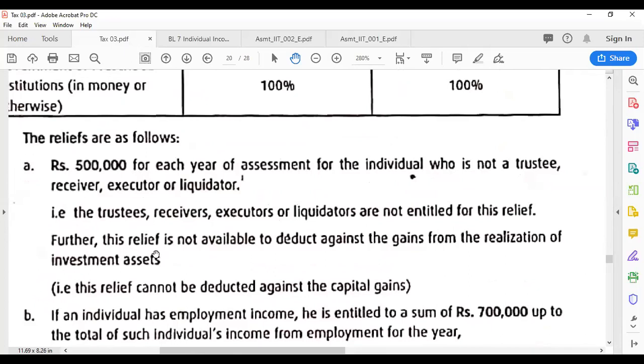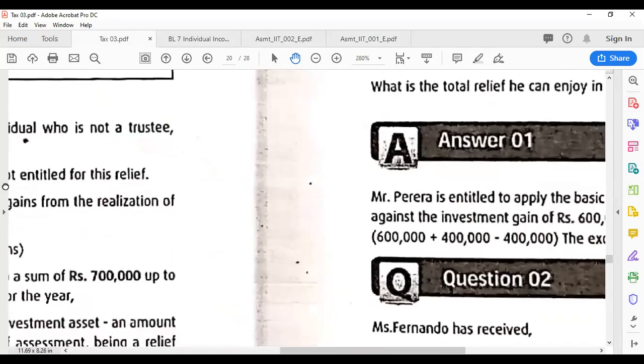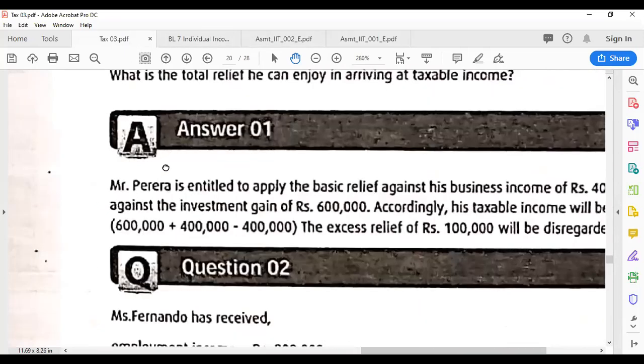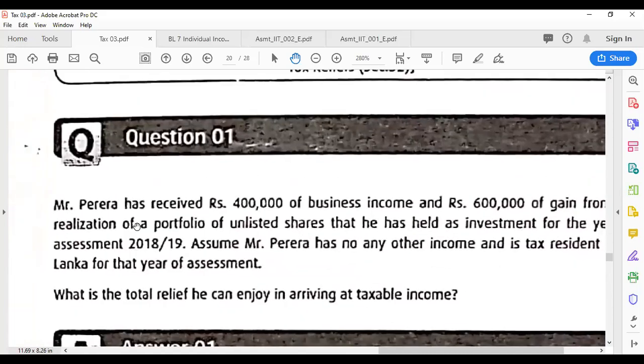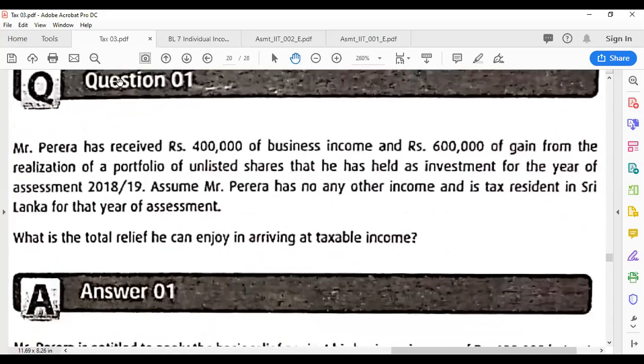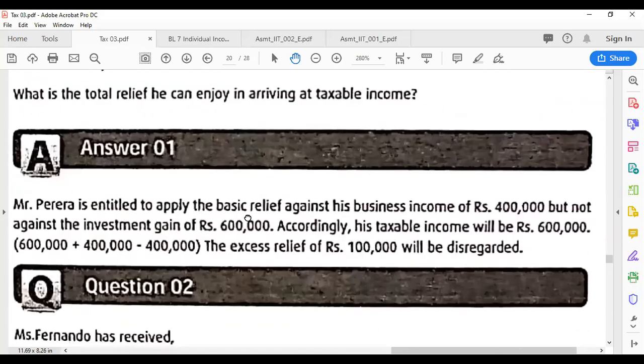Further, this relief is not available as a deduction against the gains from realization of investment assets. In this example, he has an income equal to 600,000. It's a gain from realization of a portfolio of unlisted shares. It's a capital gain.